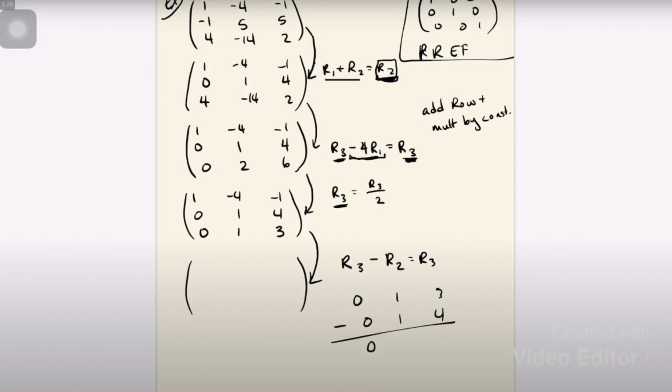So 0, 1 minus 1, 0, 3 minus 4 is negative 1. So we have produced this new row 3. And once again, the first 2 rows remain the same. Okay, that's what we have currently.